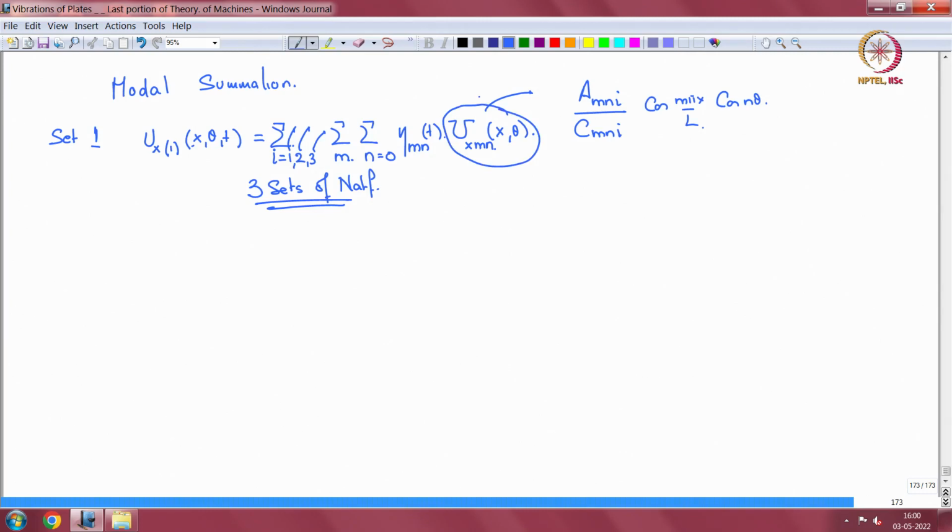Then the u_theta movement for the first set, x, theta, t, is again a summation for I 1, 2, 3, summation over m, summation over n index going from 0, m going from 1, the same modal participation factor eta_mn. Why? Together, I will tell you, it is the same mode.